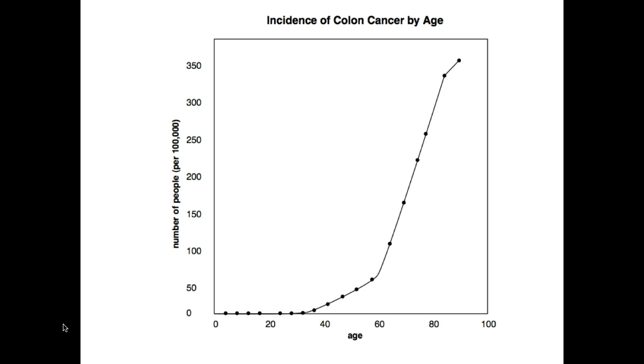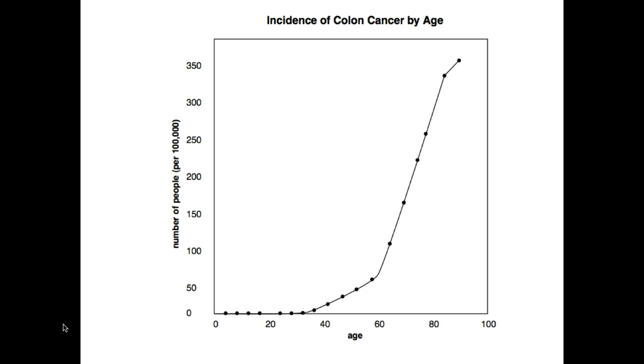Number two, how likely is it that someone who is 60 years old will develop colon cancer this year? Go ahead and look at your graph. You should have picked the number hopefully around 70 out of 100,000.